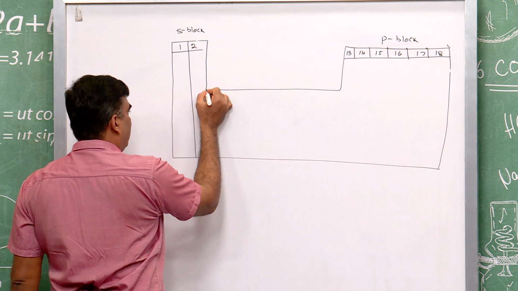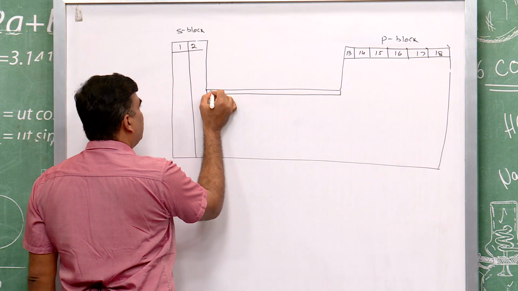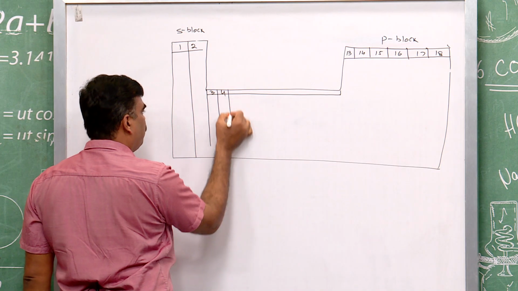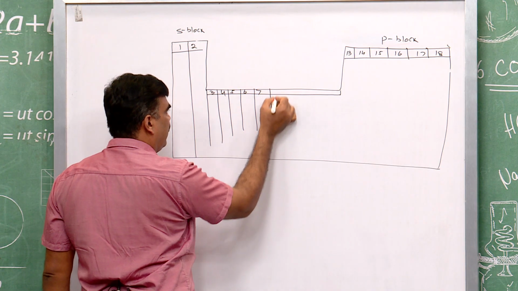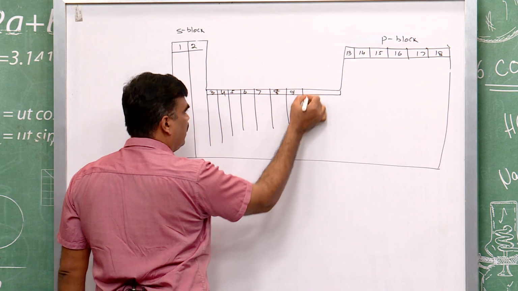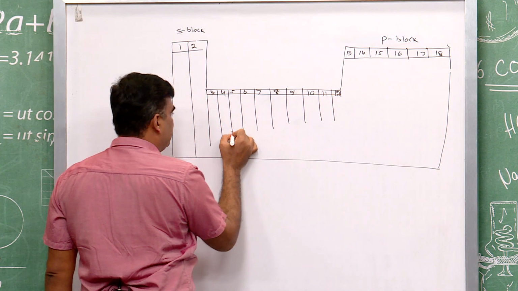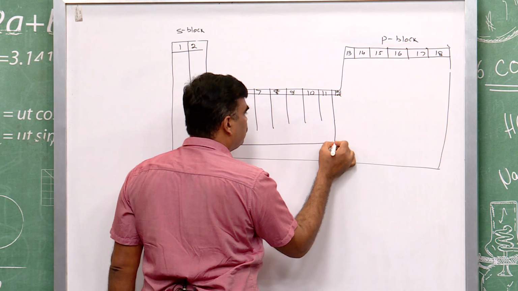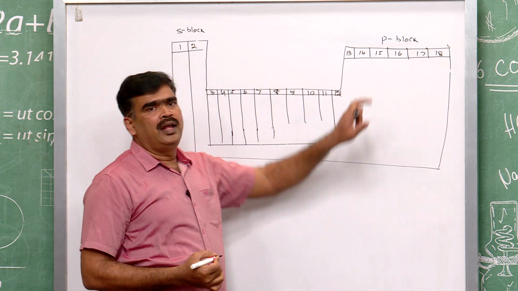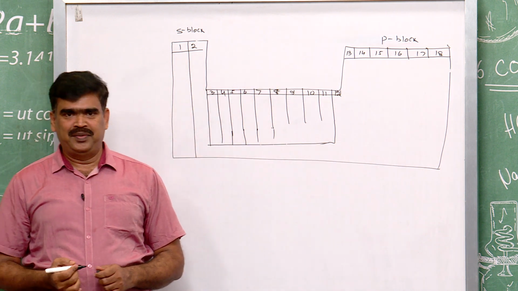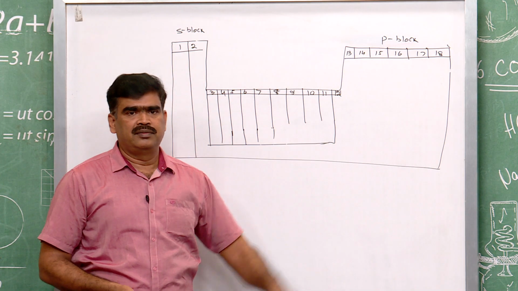This D block contains group numbers 3, 4, 5, 6, 7, 8, 9, 10, 11 and 12. So these 10 groups, from group 3 to group 12, come under the D block category. Its position is in the middle, in between the S block and P block.